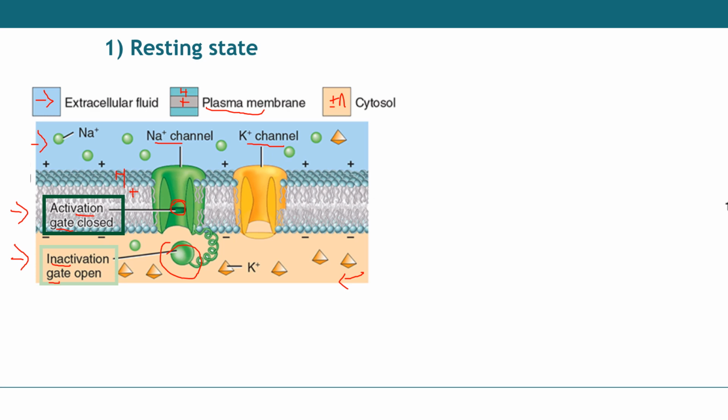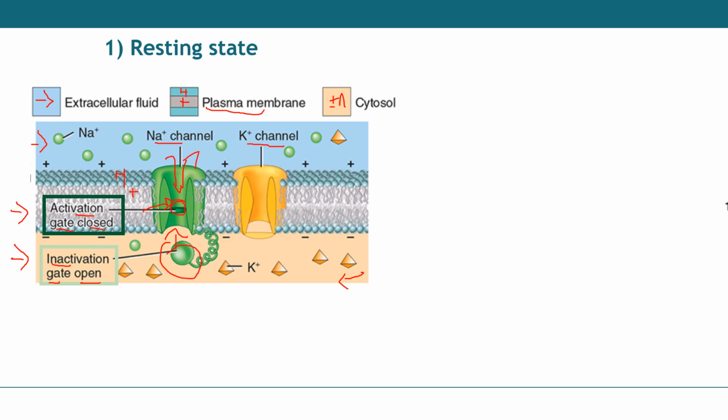In this case, as the activation gate is there, this channel is closed. However, the inactivation gate is open, because it's not attached here. So as one of them is closed, there is no influx of sodium. The sodium will go here, and it has to go back because there is no way to cross that area.